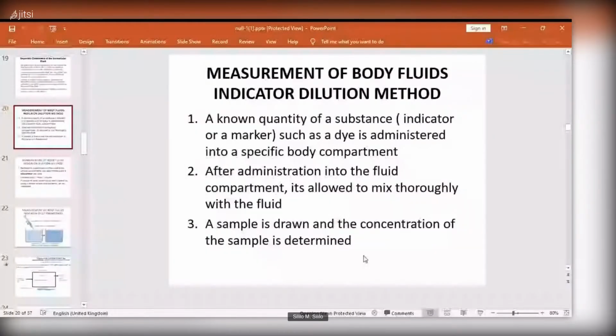What point number 3 is saying is that we draw a sample and, using whatever method, we determine the new concentration. So this is the new concentration for B, isn't it? This new concentration is for volume A and B. Correct?